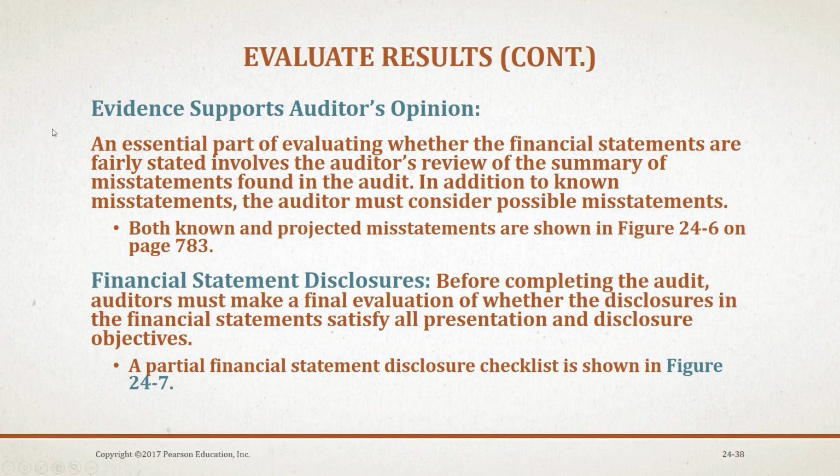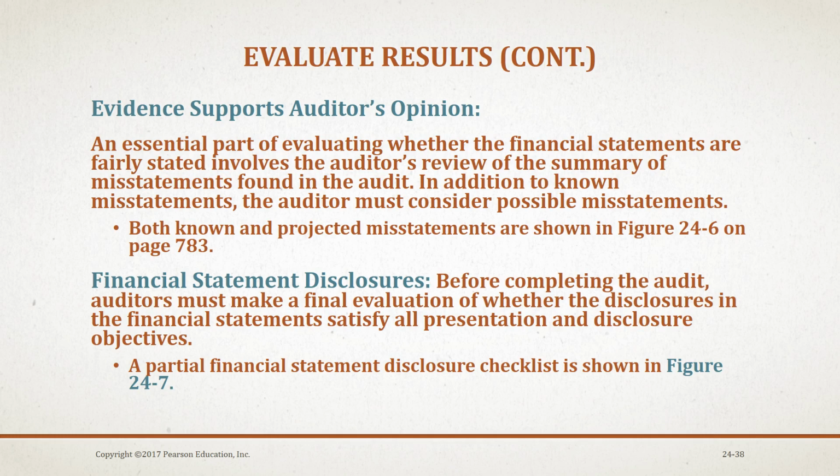Evidence that supports the auditor's opinion. An essential part of evaluating whether the financial statements are fairly stated involves the auditor's review of the summary of misstatements. In addition to known misstatements, the auditor must consider possible misstatements. Meaning that, again, did you find any mistakes?